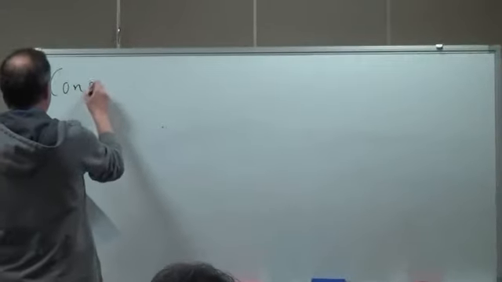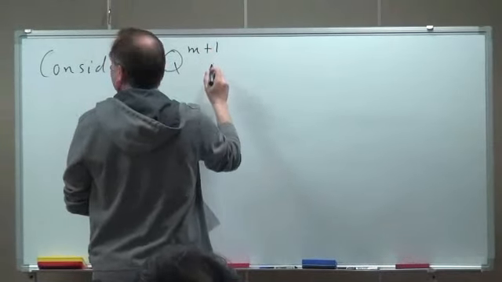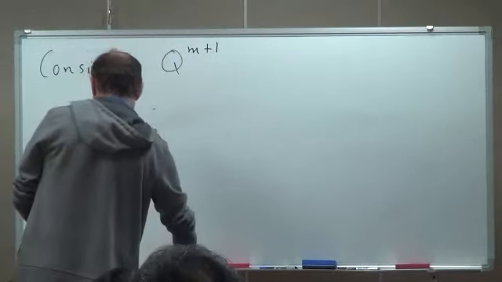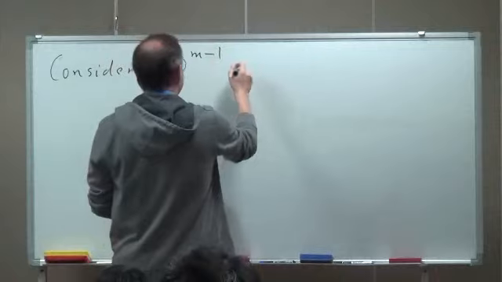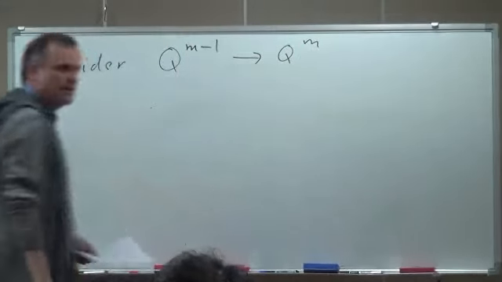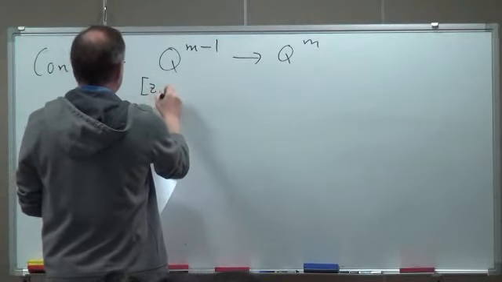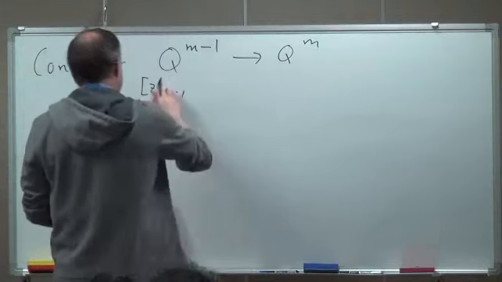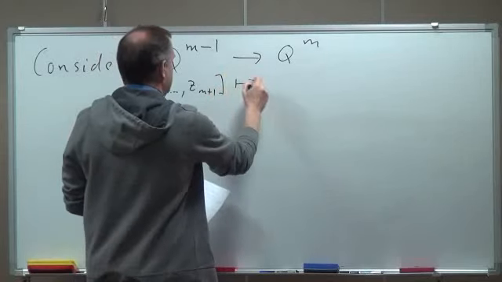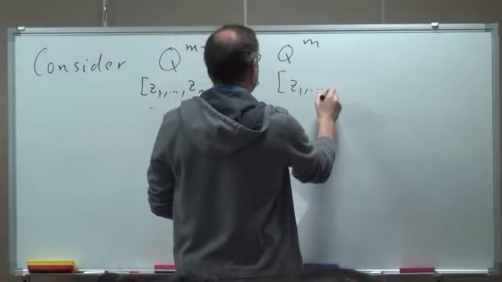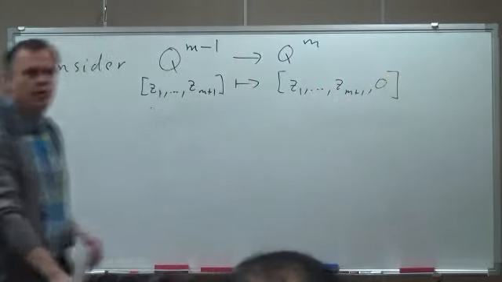So what we do is we consider an embedding from the (m-1)-dimensional quadric into the m-dimensional quadric, where we map Z1 up to Z_{m+1}, to Z1 to Z_{m+1}, and then we put a 0 into the last component.